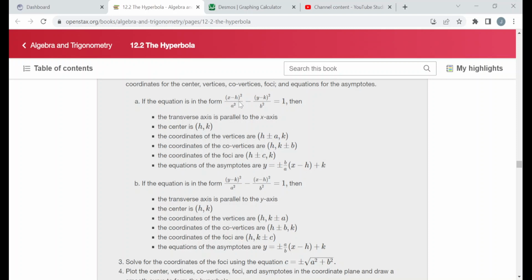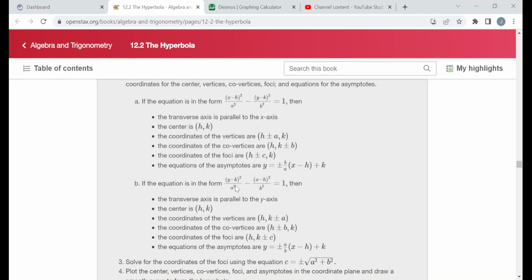One is x minus h squared over a squared minus y minus k squared over b squared equals 1. And this is the one where the x squared term is first, the transverse axis is horizontal. The curves of the hyperbola will open left and right, or the vertices and the foci will be left and right of the center.